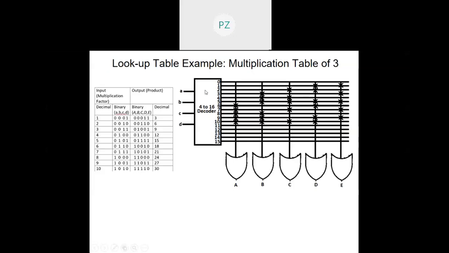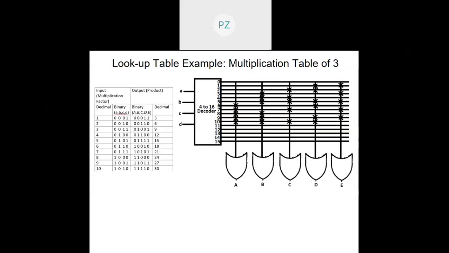So this is essentially a very useful circuit in the sense that a lot of things can be done. It is a code converter, it is a function realization, it is a waveform generator, it is the non-volatile storage.